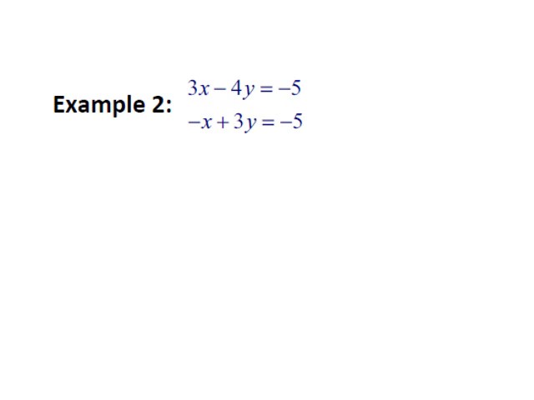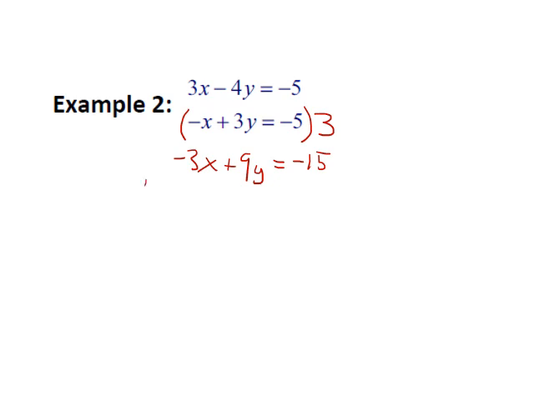Okay, so looking at this second equation, if the coefficient on the x was a negative 3, it would cancel with the positive 3x from the first equation. So if I multiply the second equation by 3, I now have negative 3x plus 9y equals negative 15.